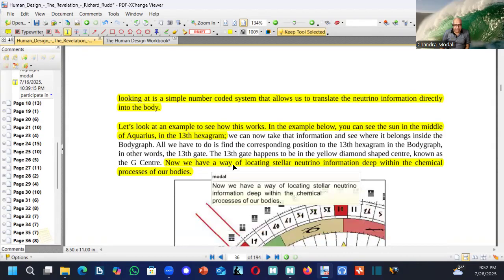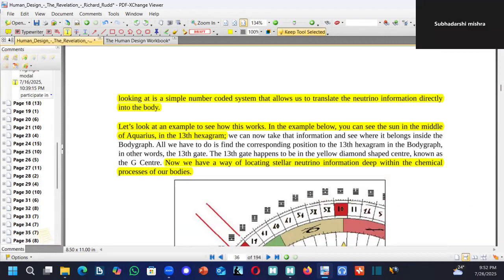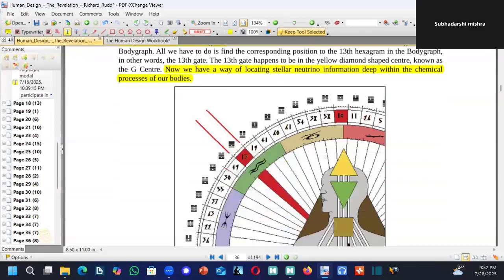Now we have a way of locating the star's neutrino stream information deep within the chemical process of our body. So the amino acid that gets created there will have the neutrinos from this star. Because of this impact, the whole thing that gets created is part of the chemical process.